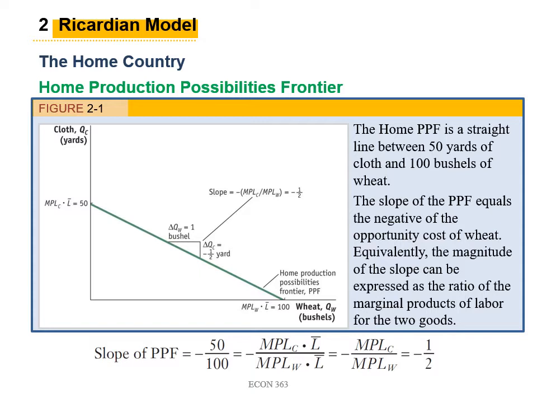Now, at any point along that production possibility frontier, you have a constant ratio between the two marginal productivities of labor, the amount of labor devoted to cloth and wheat. So if you want to move from a certain amount of wheat to more cloth, that's generating a cost to you of having more cloth in terms of the wheat you're giving up, and vice versa. So this is really simple microeconomics.